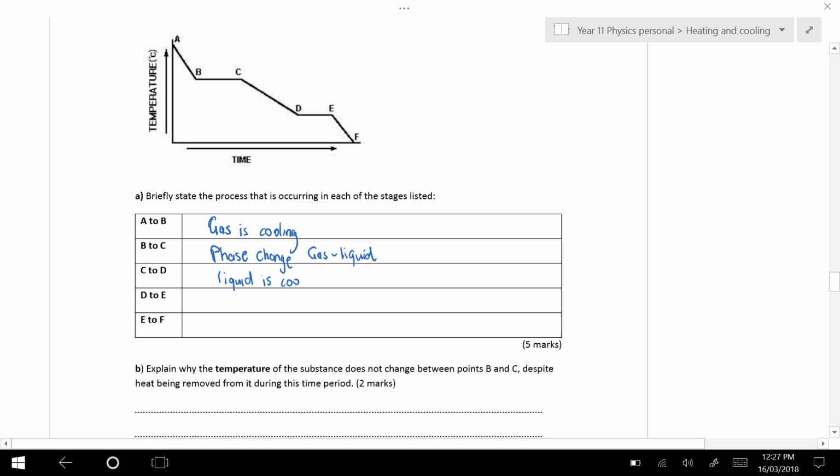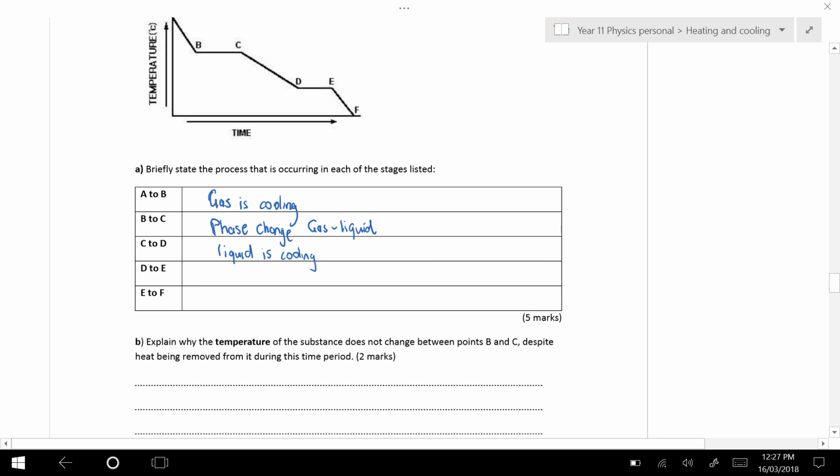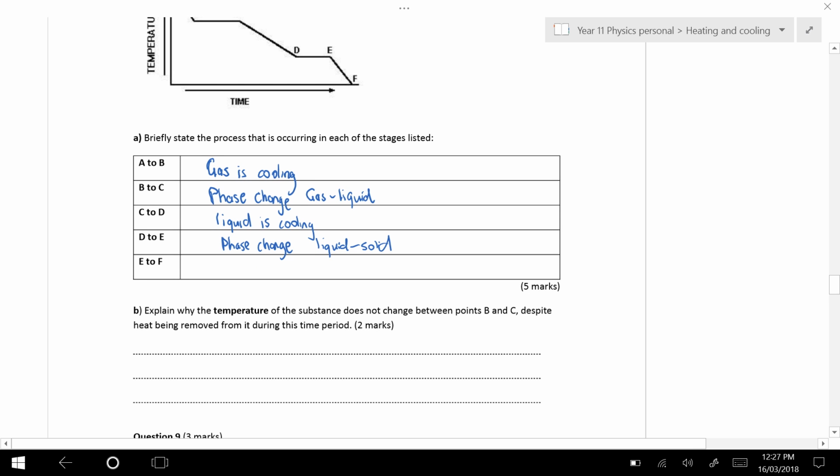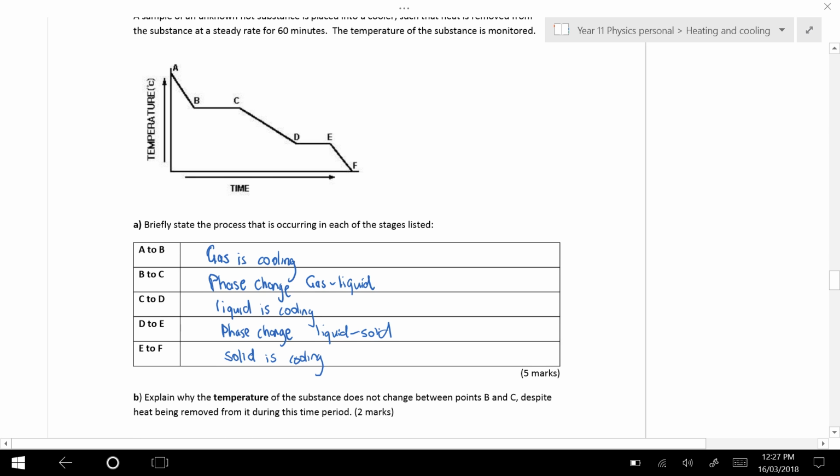Liquid is cooling. And from D to E, there's a phase change, going from a liquid to a solid. And finally, E to F, we've got a solid is cooling. Nice. 5 marks there, probably.